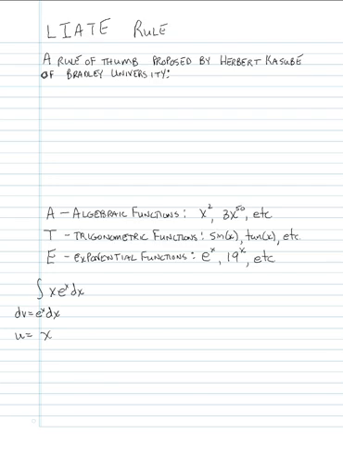Before we proceed, I'm going to introduce the Wyatt rule, I don't know how you pronounce that, but it's a rule of thumb proposed by Herbert Kasubi of Bradley University that tells us how we might choose u and dv.